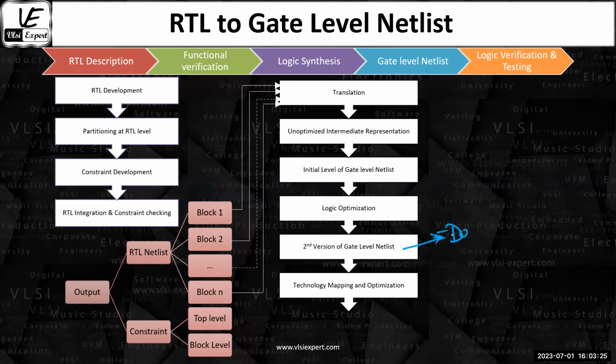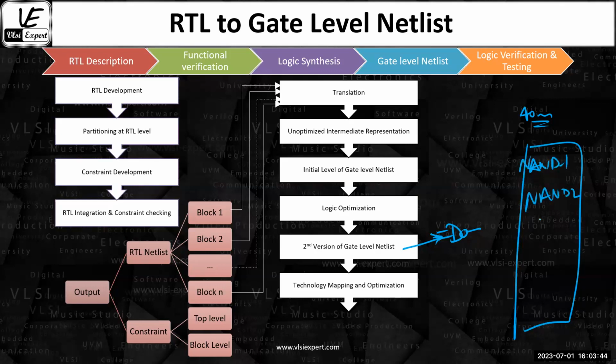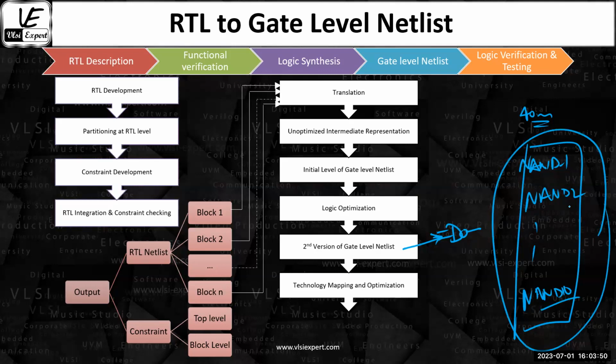If you remember, I told you that as a part of the standard cell library in 40 nanometer, there will be NAND gate 1, NAND gate 2, up to NAND gate 10, ten different types of NAND gates.